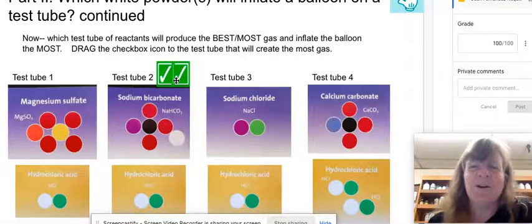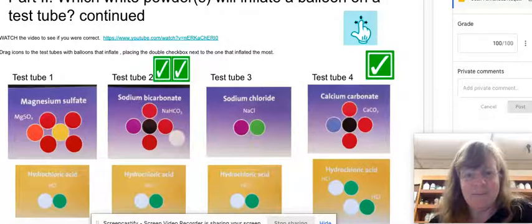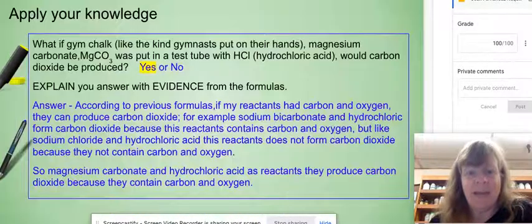Though in the video, that balloon did leak, sadly. Okay. And last, MgCO3 with HCl. You can see there's a carbon and at least two oxygens present in the reactants. So it is possible that it could create the carbon dioxide needed to inflate a balloon.